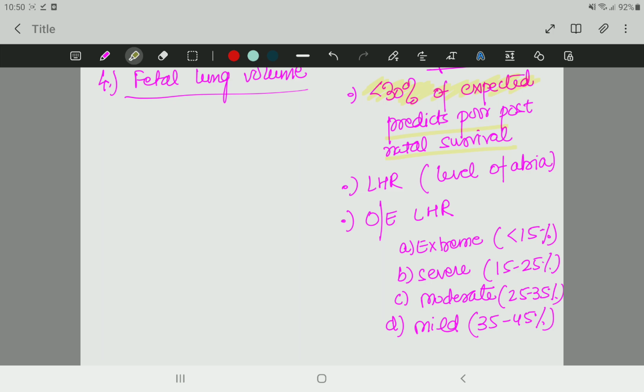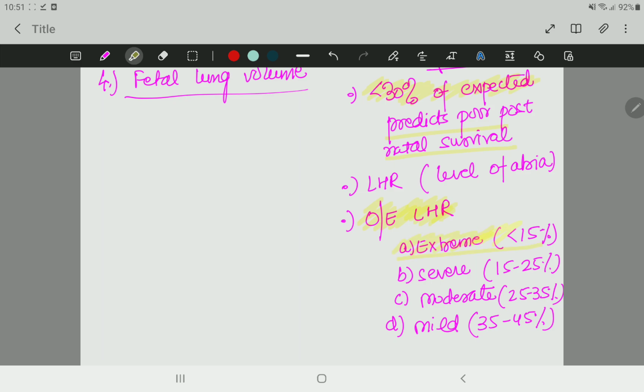It is the contralateral lung, the less affected lung, at the level of the atria. The circumference is measured and then divided by the head circumference, and then it is normalized for that gestational age, and the observed to expected lung-to-head ratio is calculated. If the value is less than 15%, it is extreme.